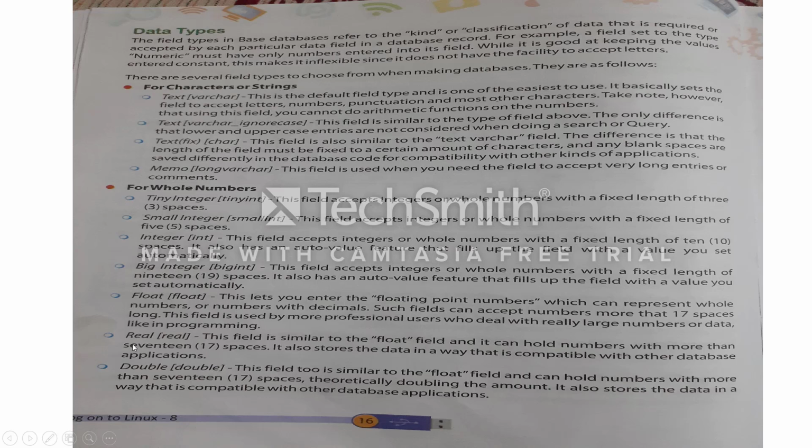Suppose some number is very big, where the whole number part is very large and the decimal part is also very large, it is capable of holding such a value. As the name suggests, double is doubling the amount. So it is very useful for storing very large decimal numbers. So these are the data types which accept numeric data for the whole numbers, children.